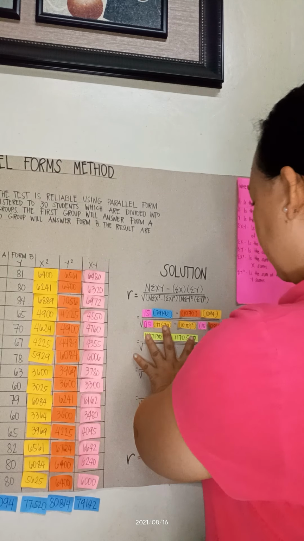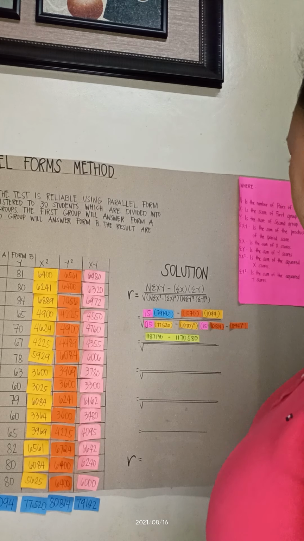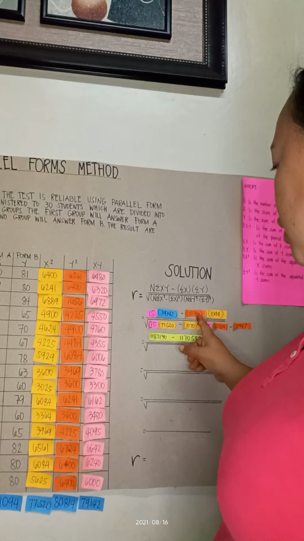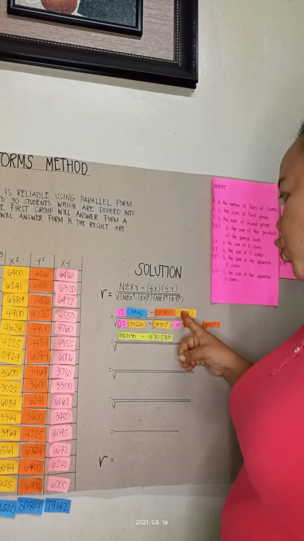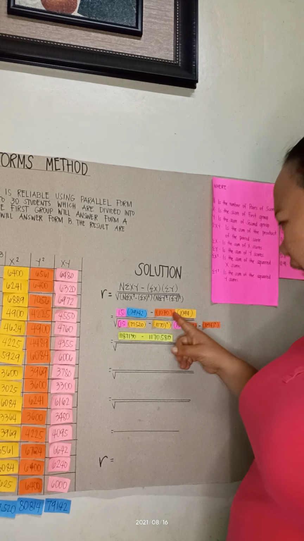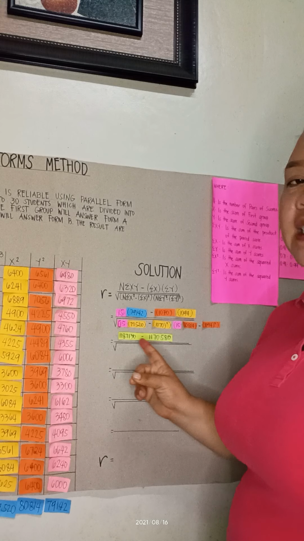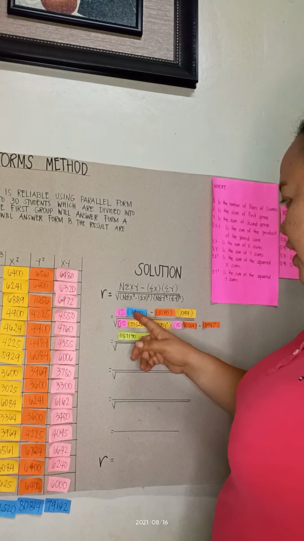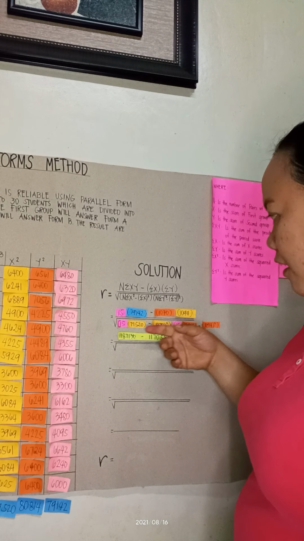Minus, next you have to multiply 1,070 by 1,094. So 1,070 times 1,094 is 1,170,580. So this part we already finished, and we will go to the next part.